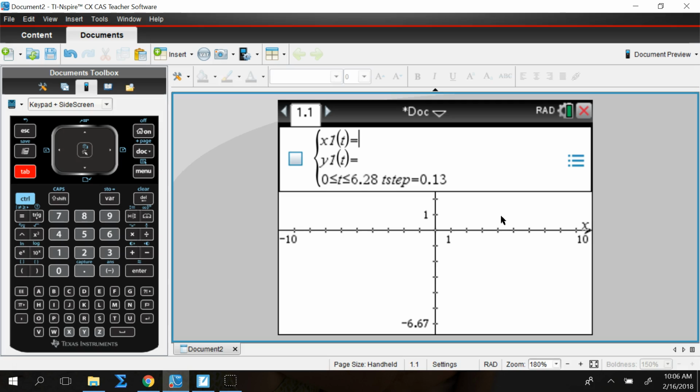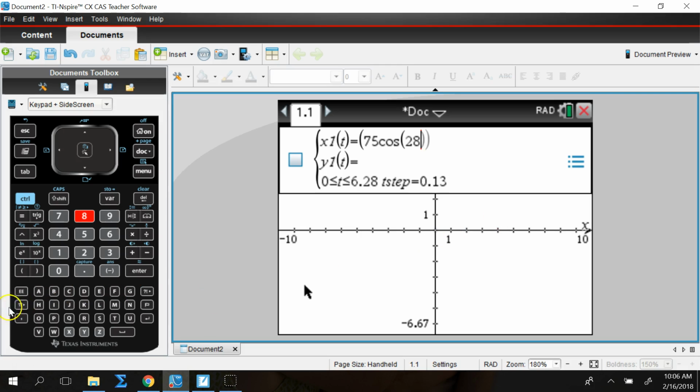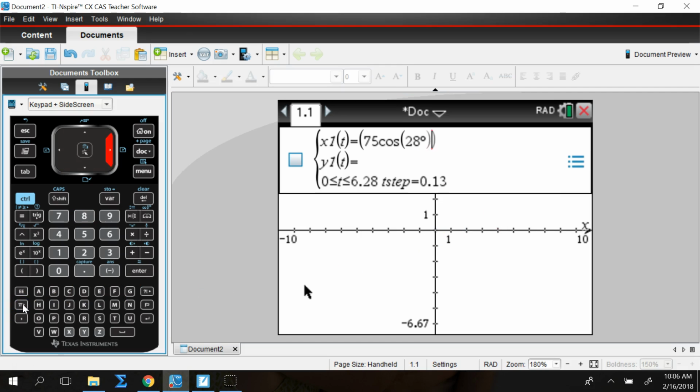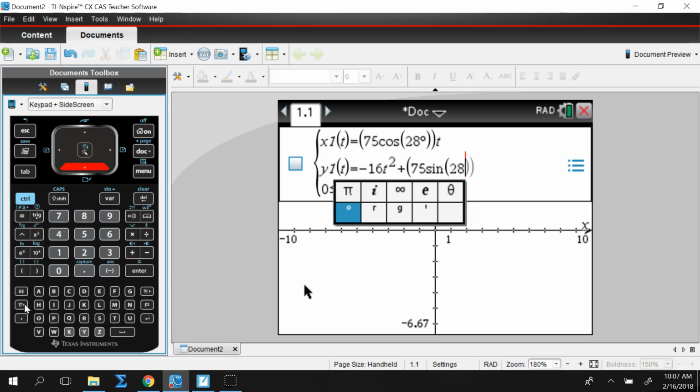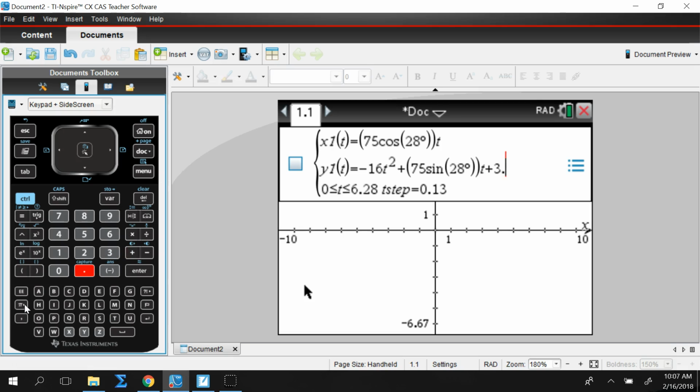So we had 75 times the cosine of 28 degrees times t, and we had negative 16t squared plus 75 times the sine of 28 degrees times t plus 3.5.